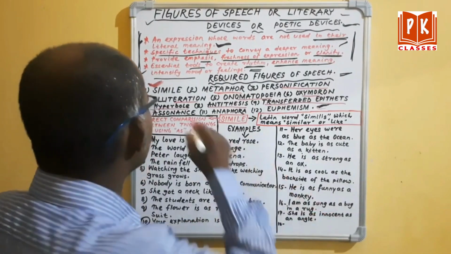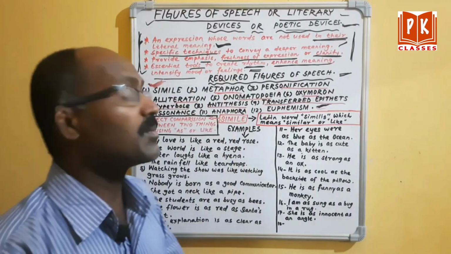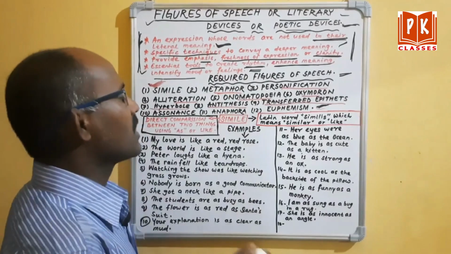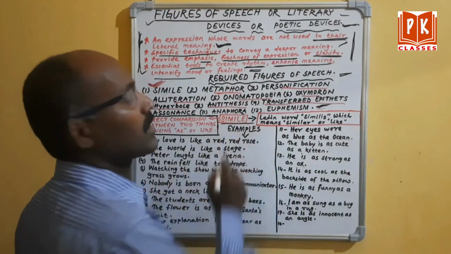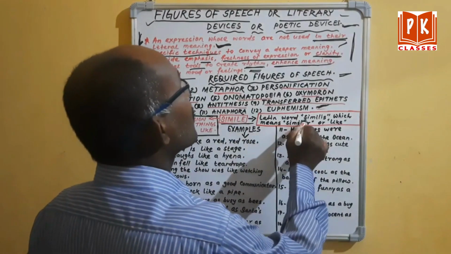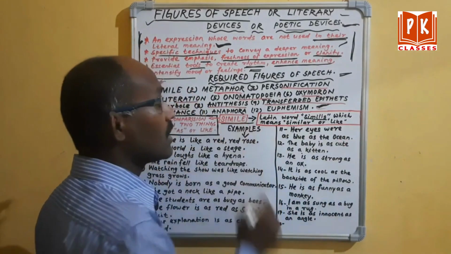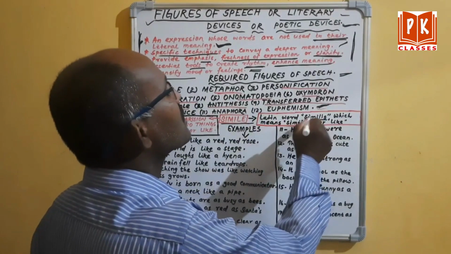The first figure of speech is simile. Now we will know what is simile. My dear students, please remember, simile is a Latin word. The simile word has been derived from the Latin word similes.